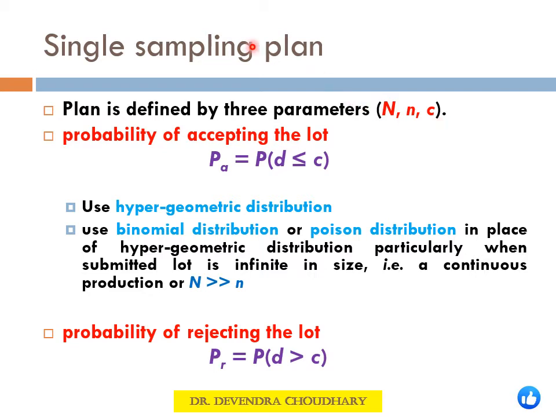So single sampling plan design consists of these three parameters, and based upon these three parameters and the fraction defective, we can determine the probability of acceptance and probability of rejection. We will discuss this in more detail when we design this plan in subsequent sessions.